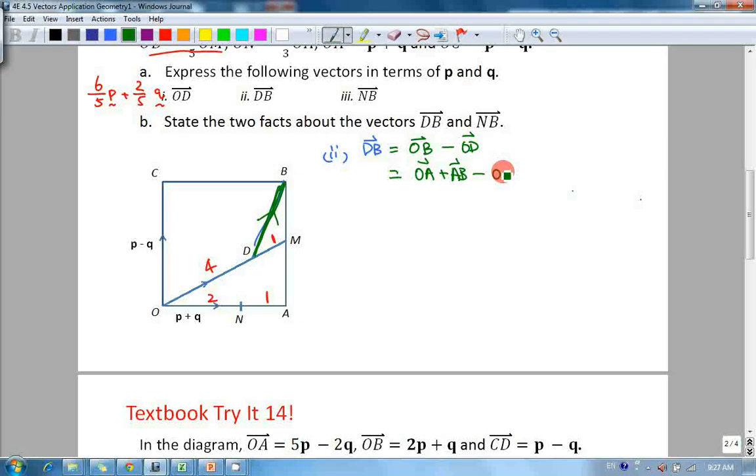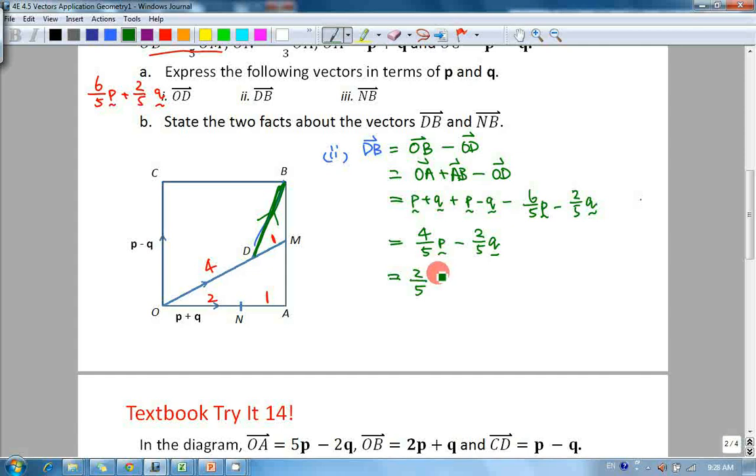OD is what we found just now. Okay, so OA again is P plus Q, AB is P minus Q, minus OD, which is 6 over 5 P plus 2 over 5 Q. So calculate, we will have 4 over 5 P minus 2 over 5 Q. Okay, in this case, I may want to simplify it. 2 over 5, so I have 2P minus Q. Actually your answer can be left this way, but I simplify it for the next part.